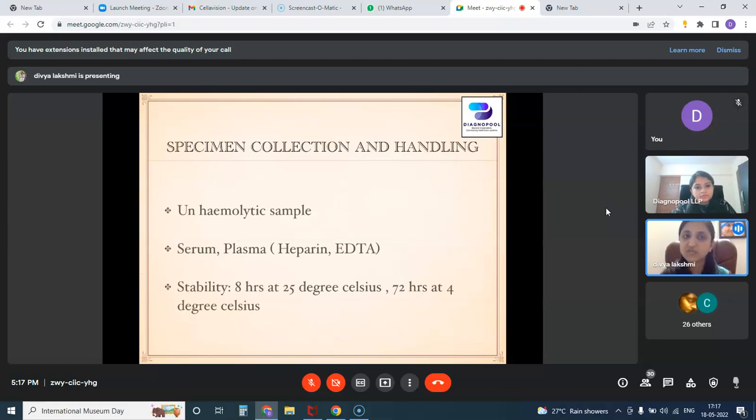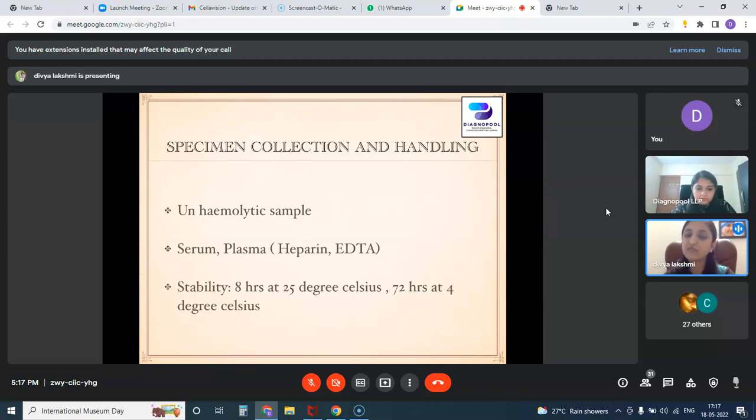So coming to the collection of specimen, when we are collecting blood for testing blood sugar, it should be a non-hemolytic sample. It can be a serum sample or plasma sample, in a heparin tube or EDTA tube, but it should be non-hemolytic. When collected in a serum, heparin or EDTA tube, the stability is 8 hours at 25 degrees Celsius.